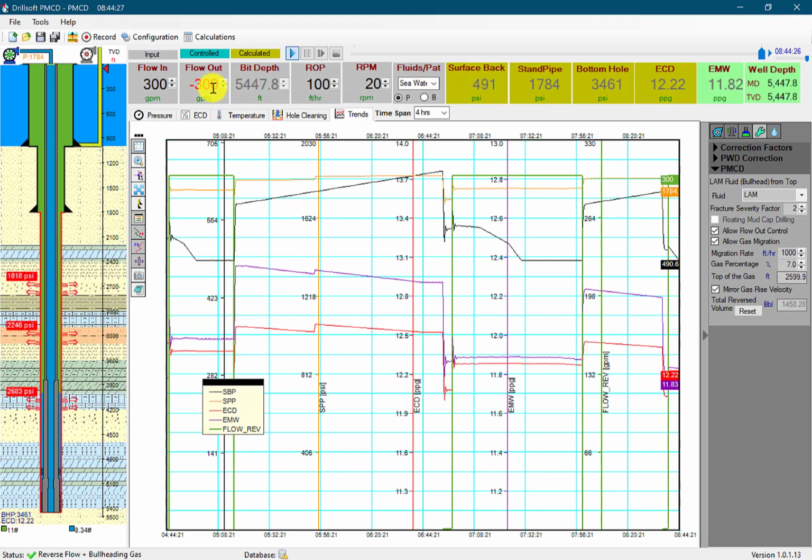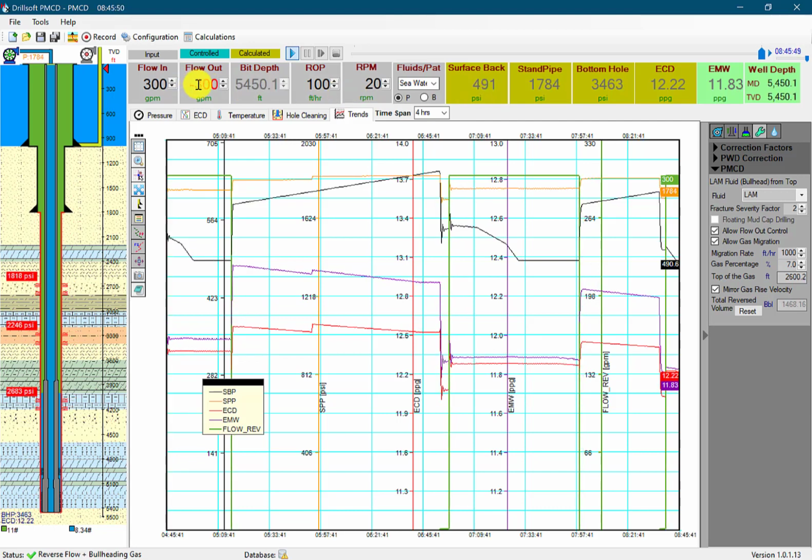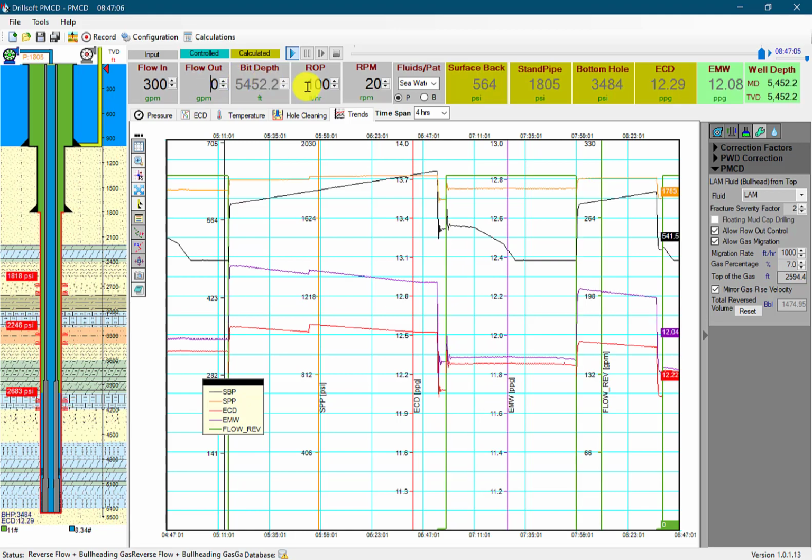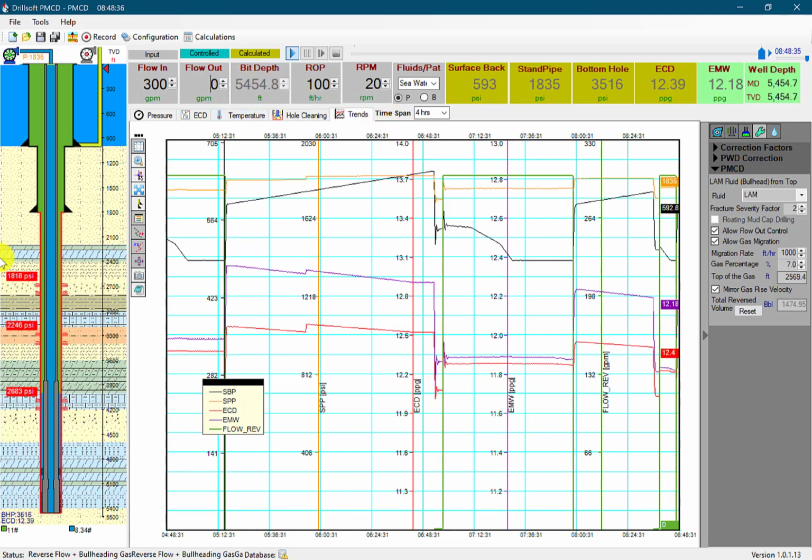As soon as this reaches a stable value, which is 490.91, go ahead and indicate 0 here, and continue drilling again.